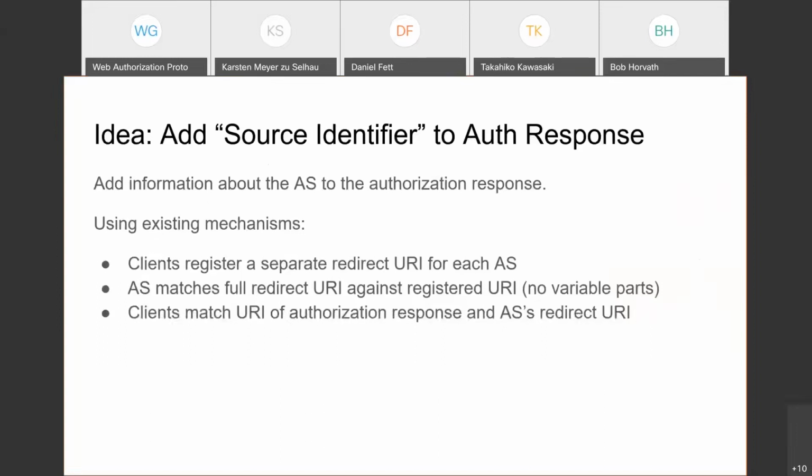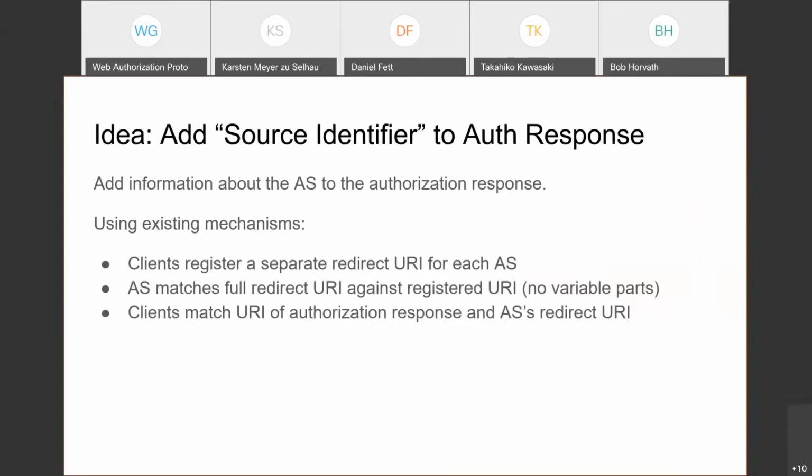So with existing mechanisms, and this is the recommendation that we still give today, clients can do the following. Clients need to register a separate redirect URI at each of the authorization servers they're using.